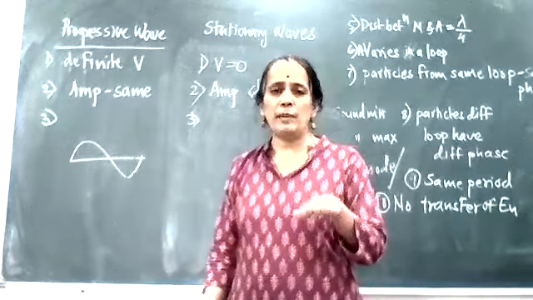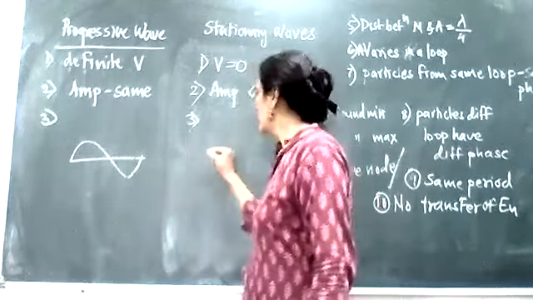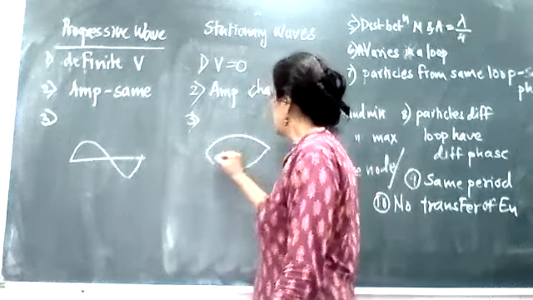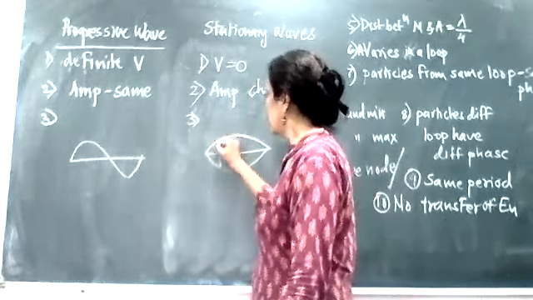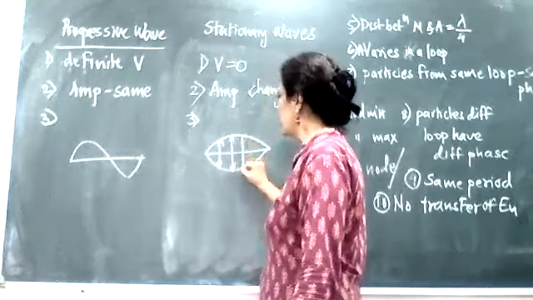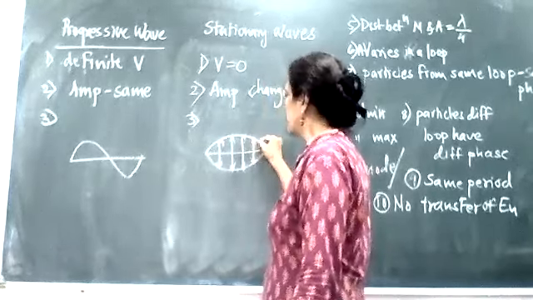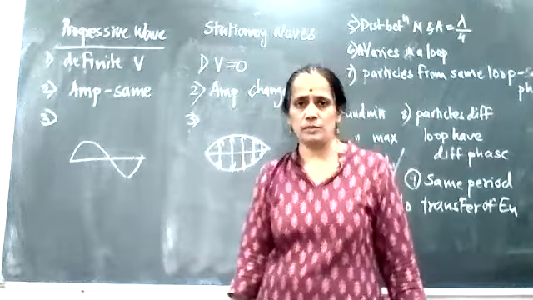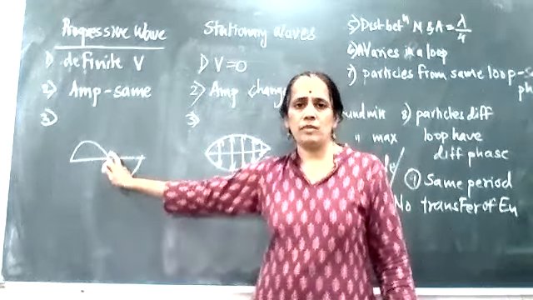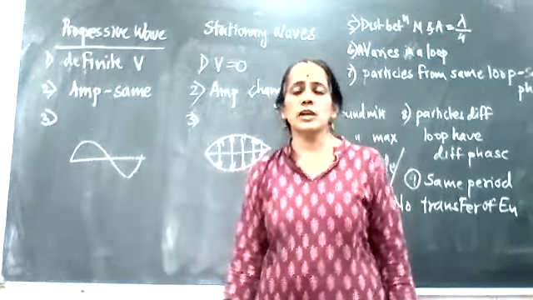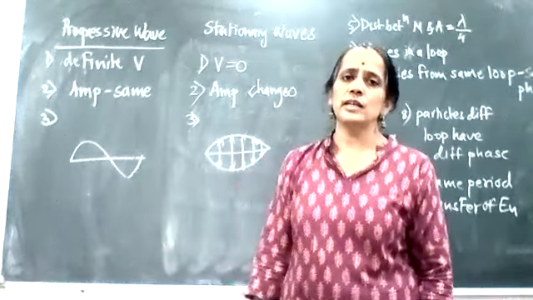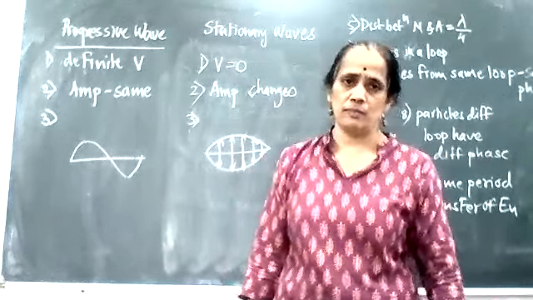But in the stationary wave pattern we have a loop, in which the particles vibrate in this manner, so during vibration every particle crosses the mean position. While in a progressive wave, not all particles necessarily cross the mean position.